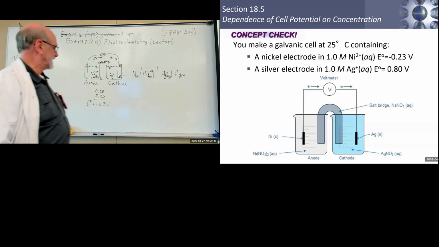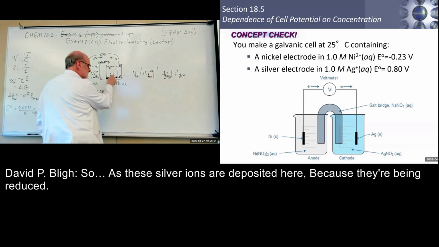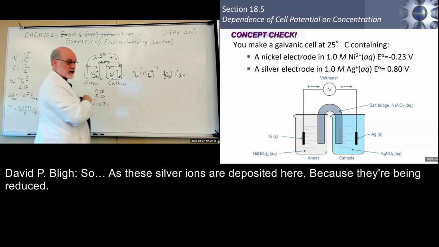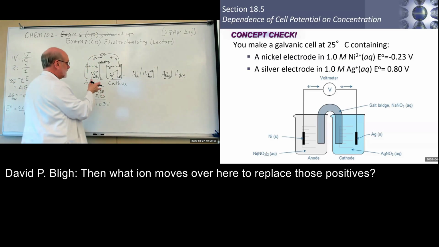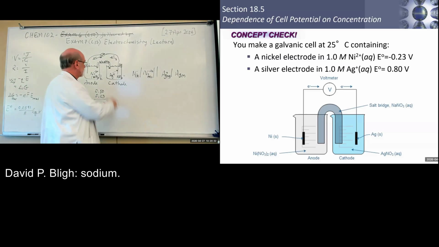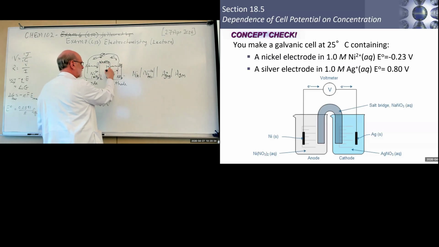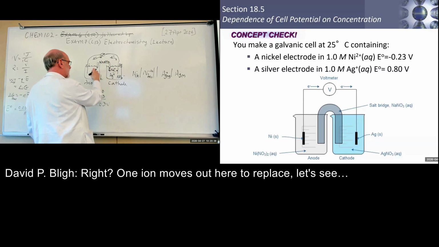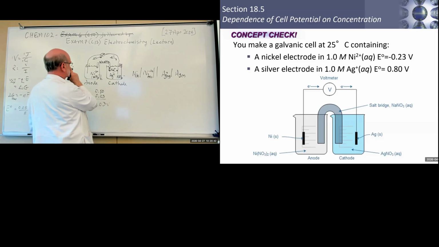And sodium nitrate in our salt bridge. Okay. So as these silver ions are deposited here, because they're being reduced, what ion moves over here to replace those positives? Sodium. Right? What ion moves out here to replace, let's see.